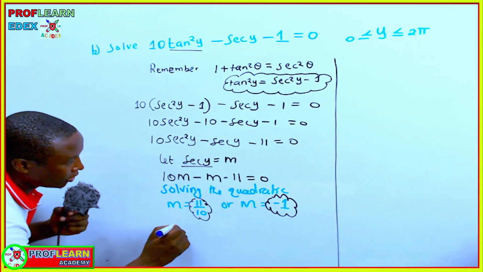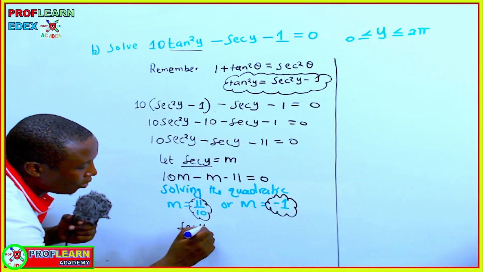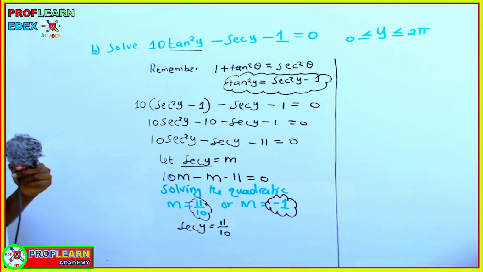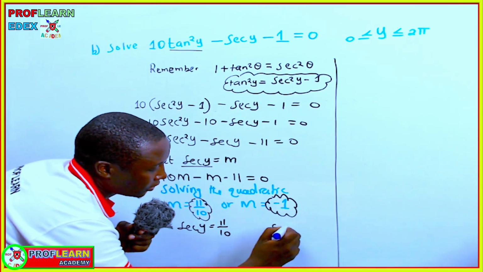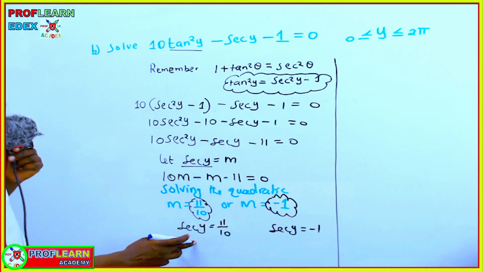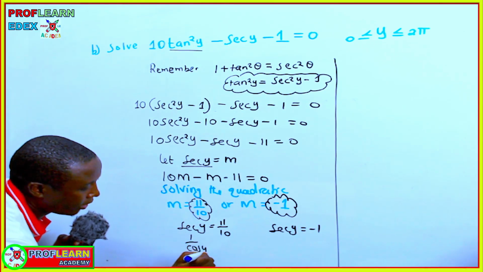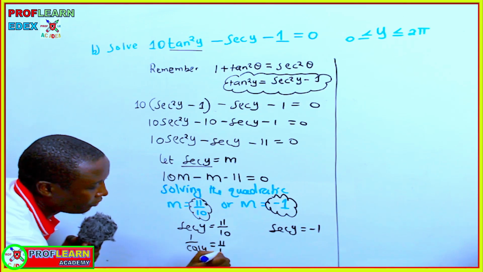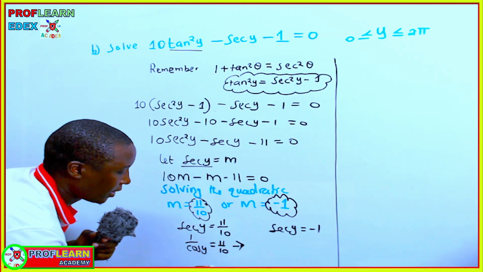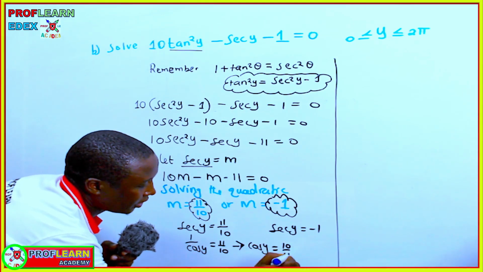Then you are going to say now sec y equals 11 over 10, and also sec y equals -1. So we know that sec y is the same as 1 over cos y, equals 11 over 10, which implies from here that cos y equals 10 over 11.